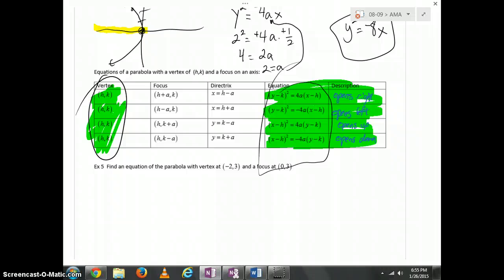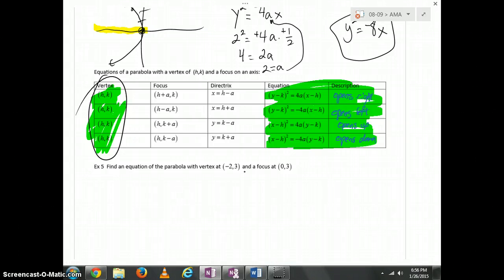Your a value is always the distance from the vertex to a focus. It is also the distance from your vertex to a directrix. Rather than memorize this whole table here, I think you can just use common sense, using your a value and then finding your focus and your directrix.